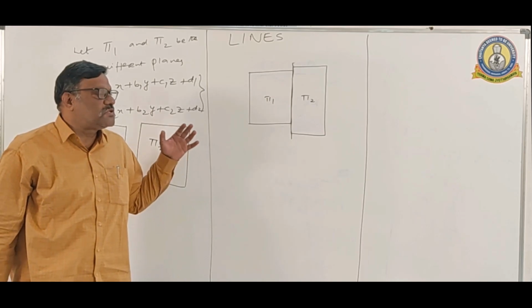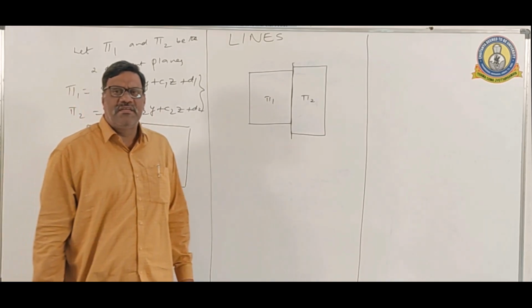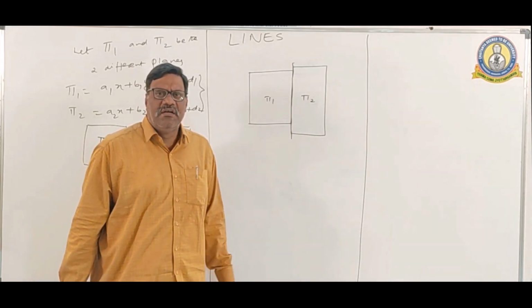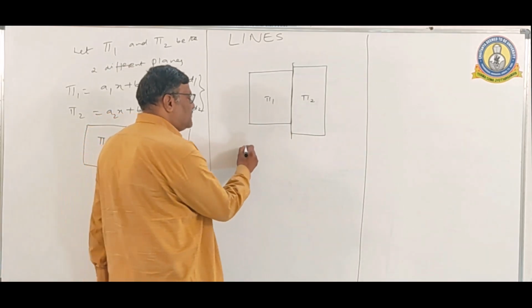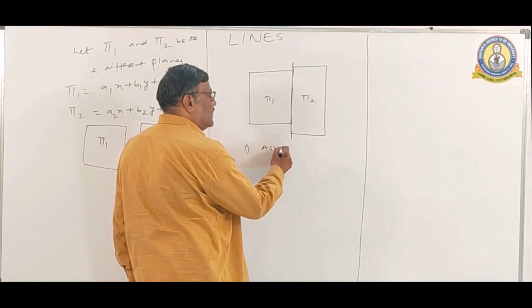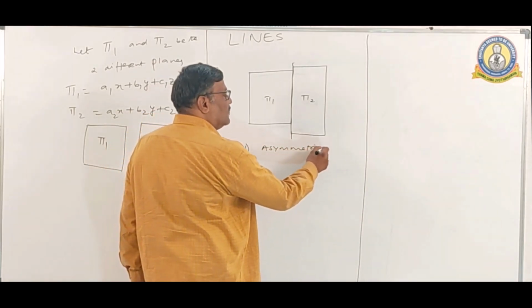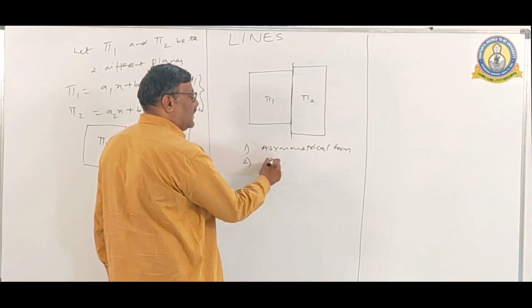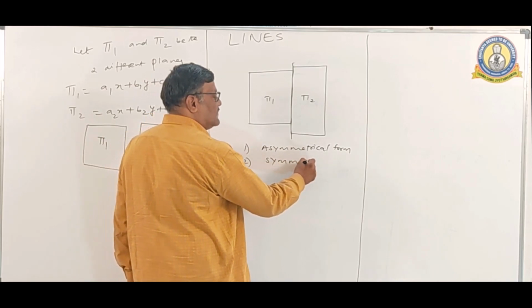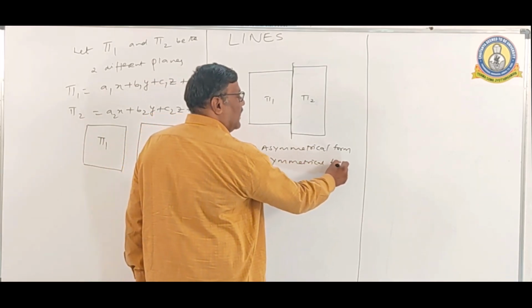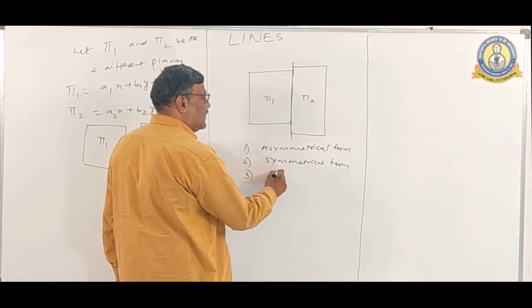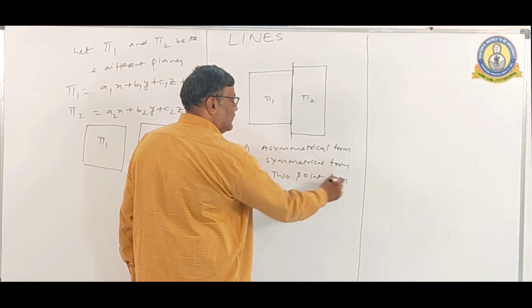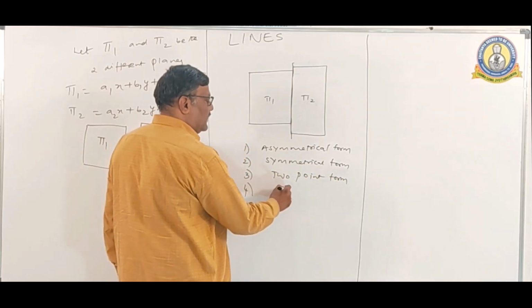Now when you speak about the symmetrical form of the line, it is customary to study all the different forms that exist for a line. Apart from the asymmetrical form, which we have studied, we now go on to study the symmetrical form, the two-point form of the line, and the parametric form of the line.